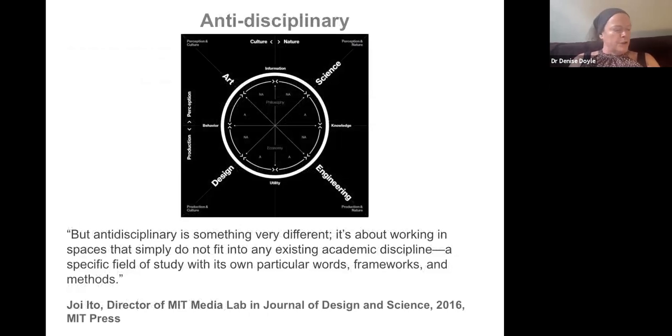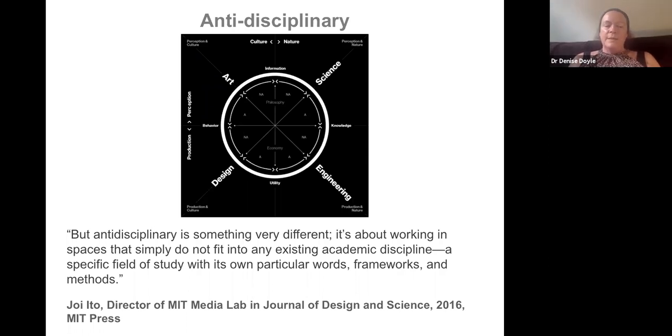So I think what Joy Ito, the then director of MIT Media Lab, who in 2016 noted as the difference between interdisciplinary practices and what he termed antidisciplinary practices. So interdisciplinary being when people from different disciplines work together and use each other's methods. But to quote, antidisciplinary is something very different.